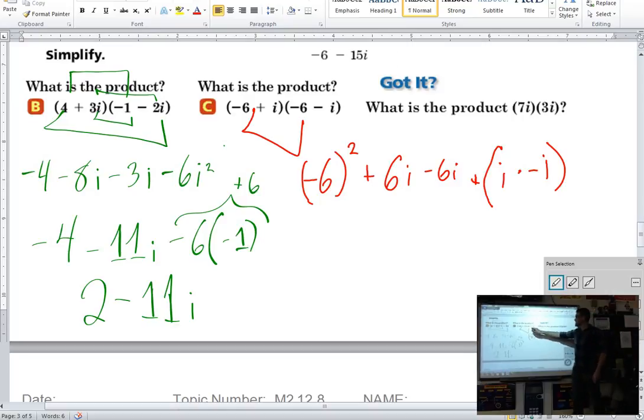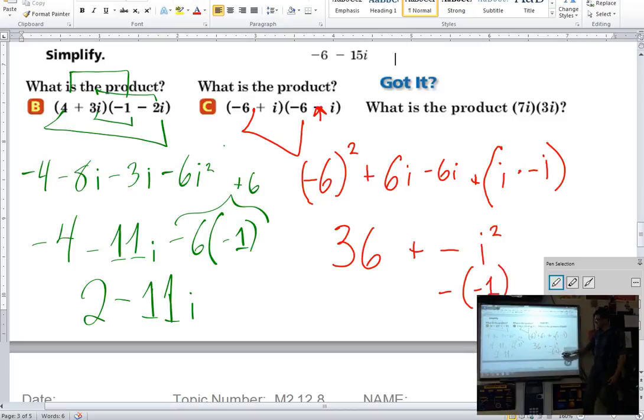This minus right here, what was playing as minus in the binomial, really belongs to the I. So when I do the multiplication for the last, it's I times negative I. And when I look at just setting up each value, I have addition between each different term. But then if I add a negative, I can make it subtraction. So the middle part cancels. That becomes 36. My I times negative I becomes negative I squared. I squared is actually negative 1.